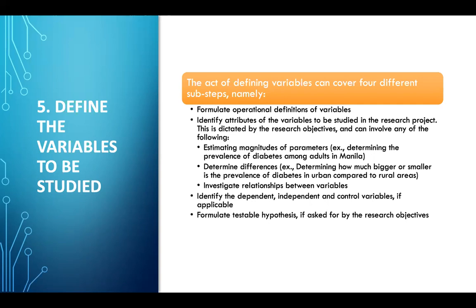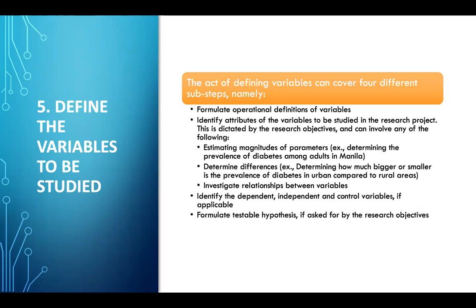Identify attributes of the variables to be studied in the research project. This is dictated by the research objectives and can involve any of the following: estimating the magnitude of parameters, determining the differences, or investigating the relationship between variables.